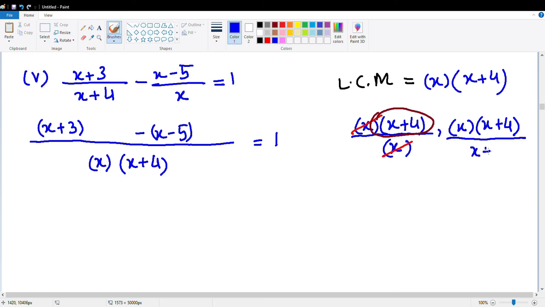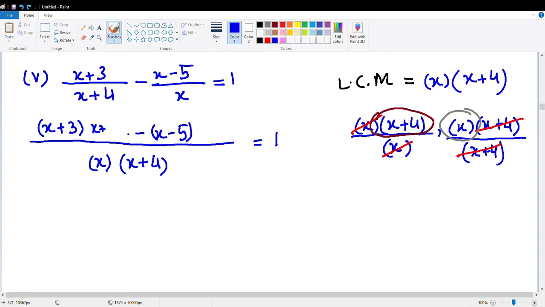When we divide it by x plus 4, then x plus 4 and x plus 4 will cross, and we'll get x. So now let's multiply them.